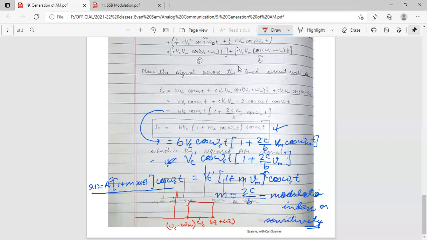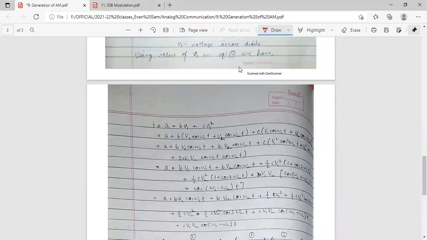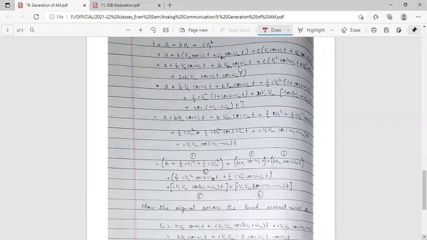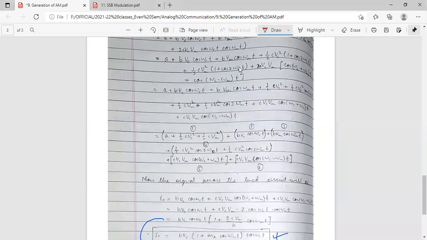So whatever terms we have got here, we are interested in the harmonics which are nearer to the carrier frequency omega c. Here we have the first term, second part, third part, fourth part, fifth part and sixth part.